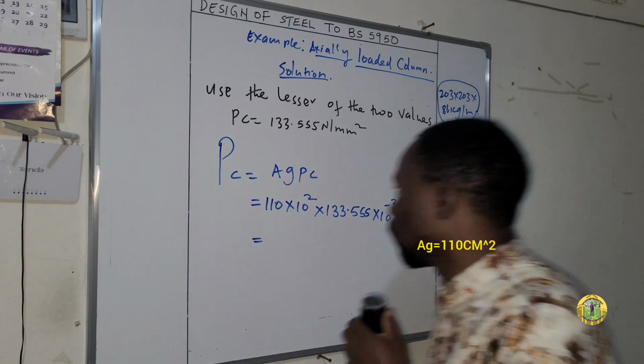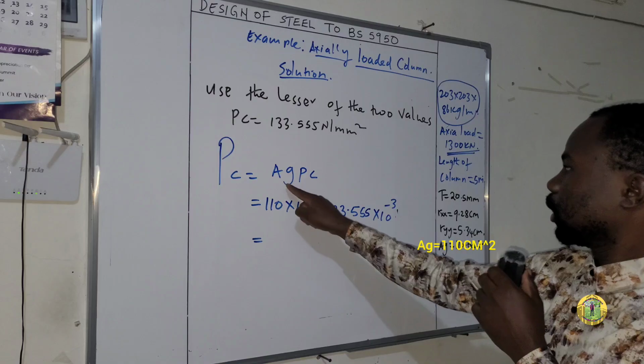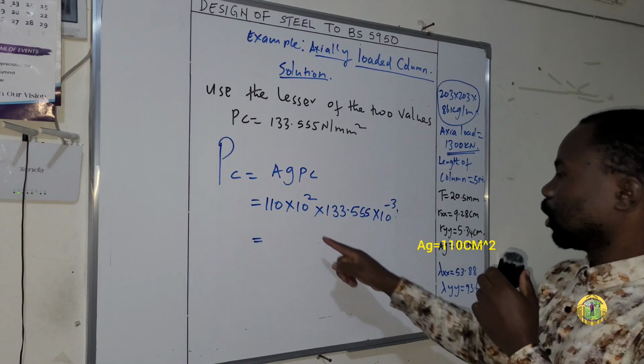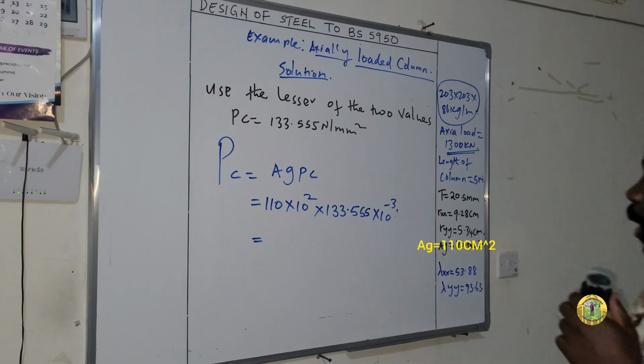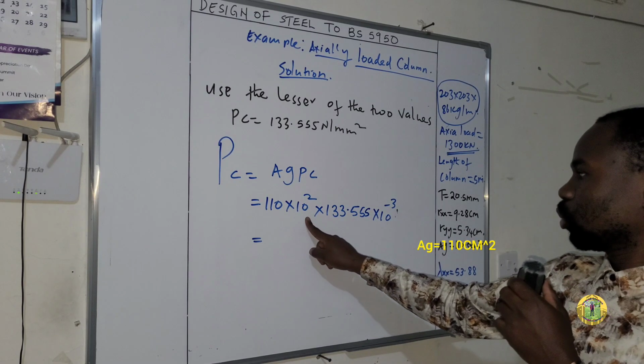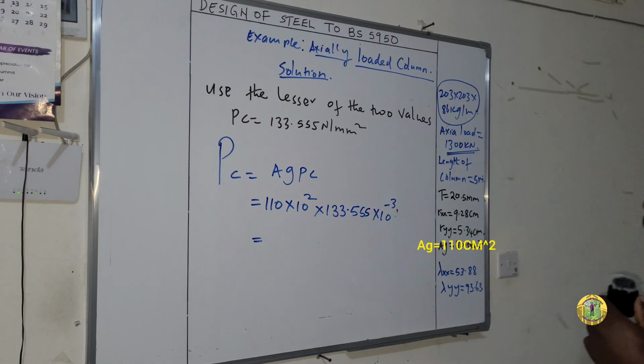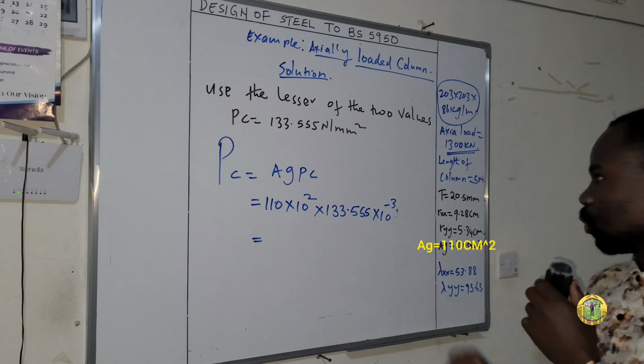So this 110, because it is in centimeter square, you'll convert it to millimeter square by taking 10 raised to power 2. So you multiply 110 times 10 raised to power 2. By doing so, you have changed it from centimeter square to millimeter square.